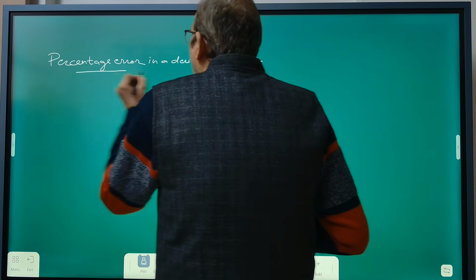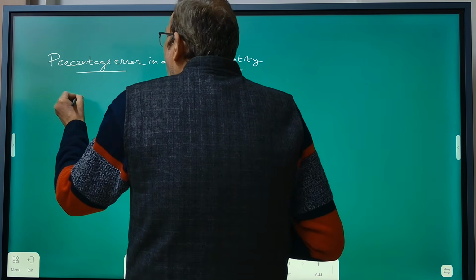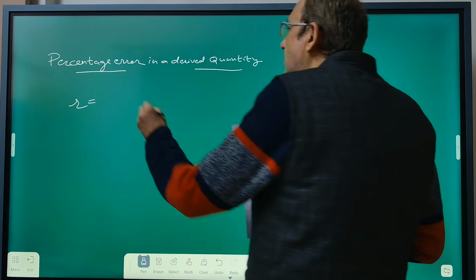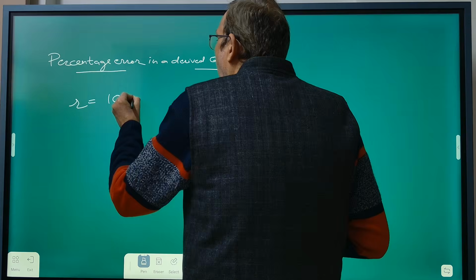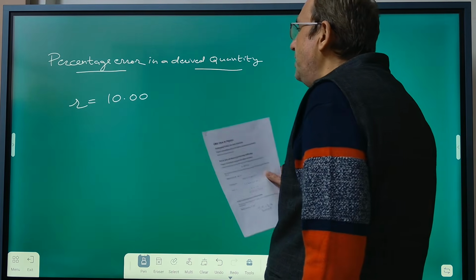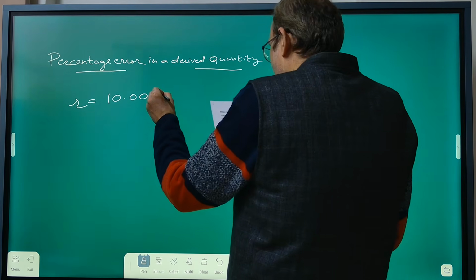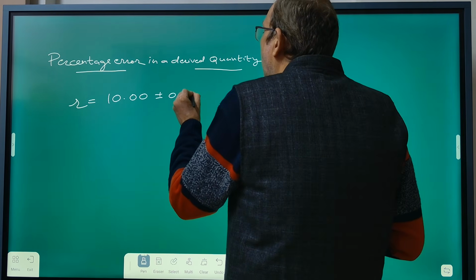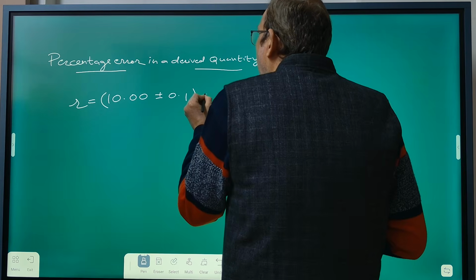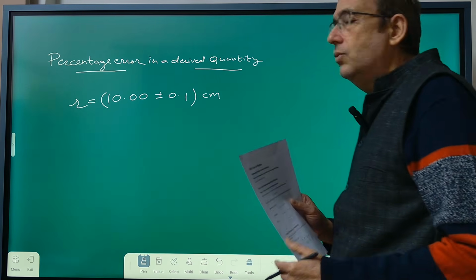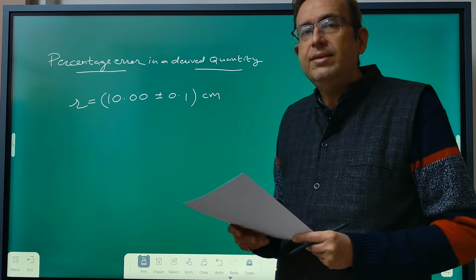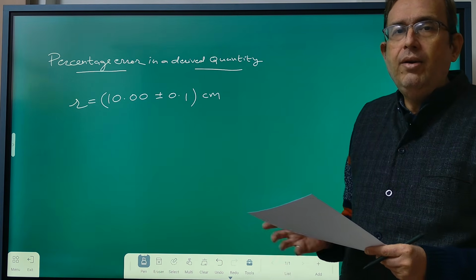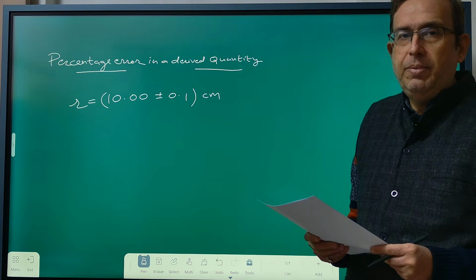So what is given to you is a sphere of radius 10 centimeters with an error of plus minus 0.1 centimeter. So you have a sphere with a radius of 10 centimeter and an error of 0.1 centimeter plus minus.